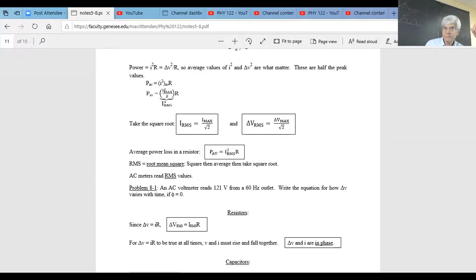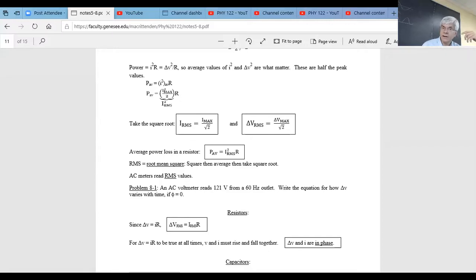But outside of a physics book, in the real world, if you go over to Home Depot and buy a box of wire for a little wiring project, assuming you know what you're doing, 14 gauge wire is good for 15 amps. 12 gauge wire is good for 20 amps. And those are root mean squared, not the peak.